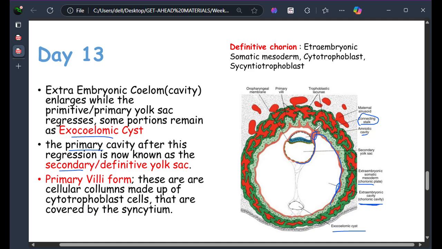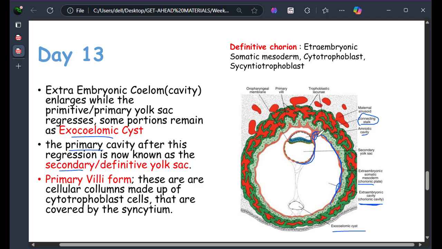So this is the point at the connecting stalk where the splanchnic and the somatic mesoderm meet. Another name they might call them is the somatopleuric and splanchnopleuric mesoderm. And where do they meet? At the connecting stalk there.